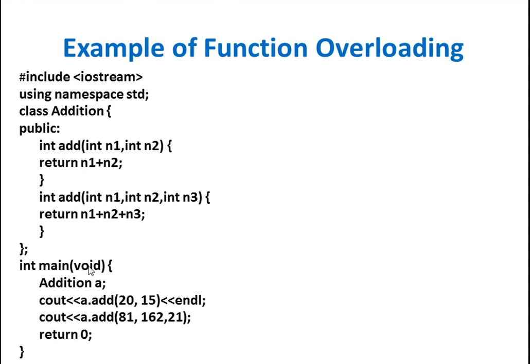Here this is the main function. In this main function we have created one object of the addition class. Then here we are calling a.add and we are passing 20 and 15.